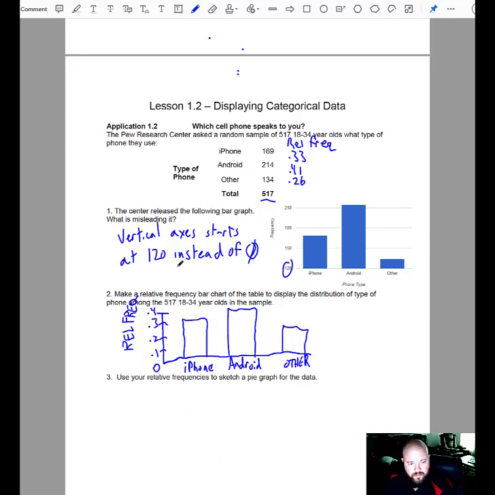So let's do this. Let's draw. That's a horrible circle. I'm still getting used to drawing on this pad, people, so deal with me. I'm going to get through this. We'll figure it out one day.